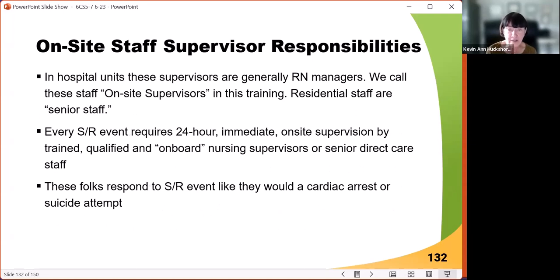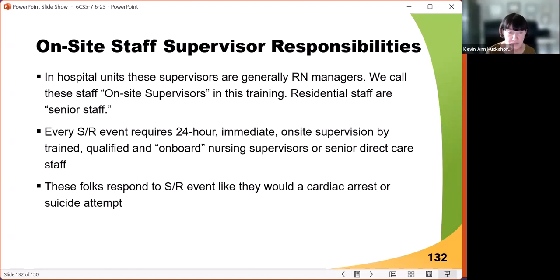Okay, so the next level of staff, the on-site staff supervisor, that's the people that are there when the executives are gone. So evenings, weekends, nights, and holidays. We'll just call them on-site senior staff. What you want to have happen here is every single time an event occurs in that unit or in that hospital, that on-site supervisor immediately responds, just like you would in a medical surgical facility with a code blue and a crash cart.